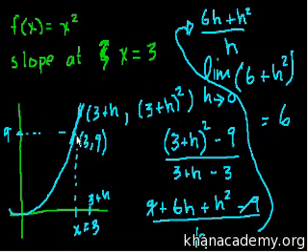So we now know that the slope of this curve at the point x equals 3 is 6. So if you actually did a traditional rise over run, this change in y over change in x is 6. So we have the instantaneous slope at exactly the point x equals 3.